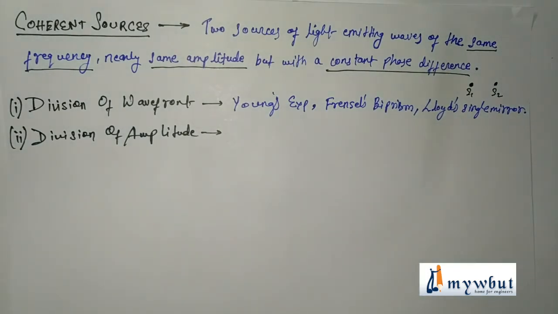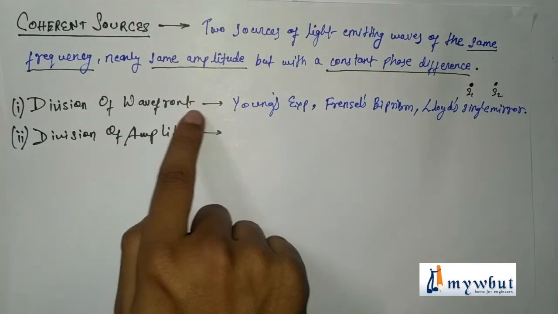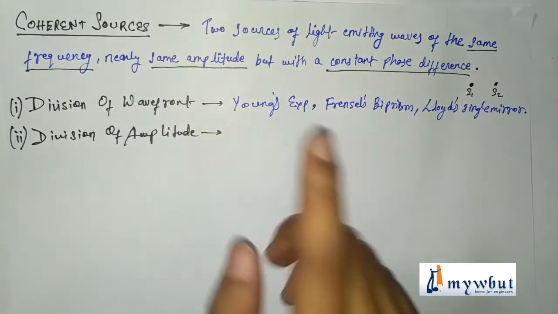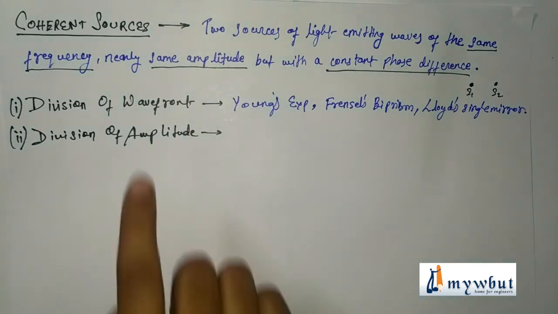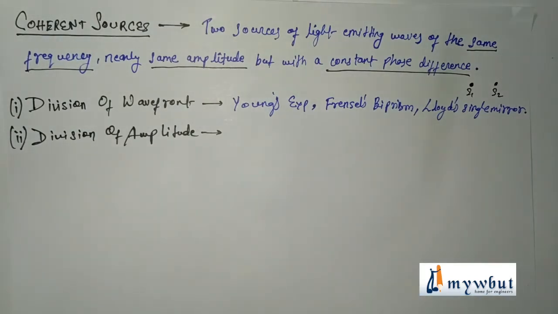In division of amplitude, a single beam is divided by means of partial reflection in a thin film or semi-transparent mirror, and the separated beams are superimposed subsequently. So here it is divided into two wavefronts by means of apertures, and here it is divided into two wavefronts by means of partial reflection in a thin film.